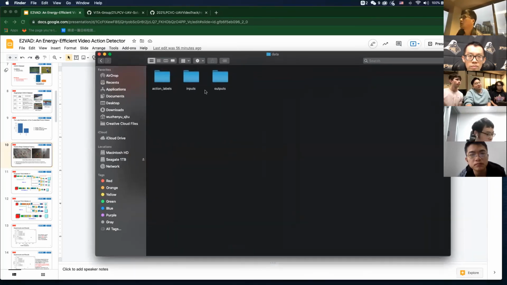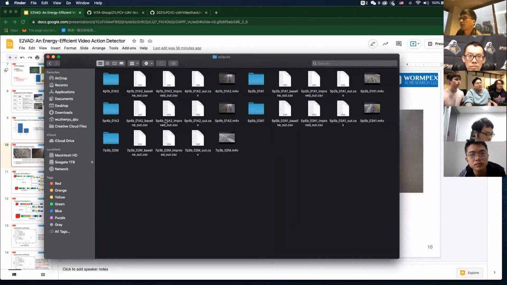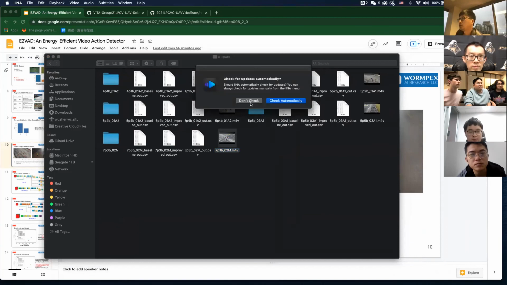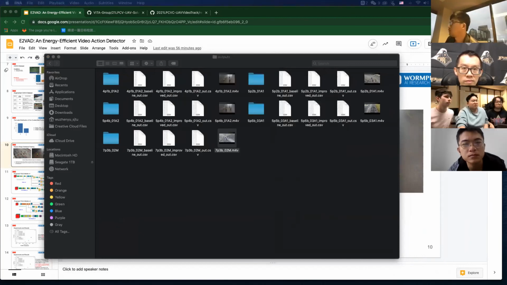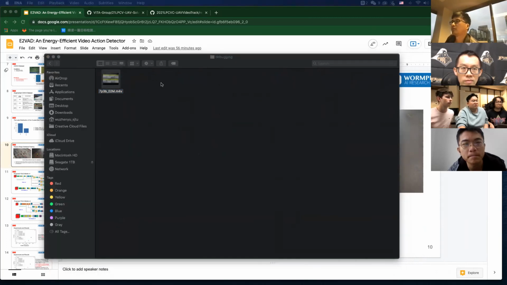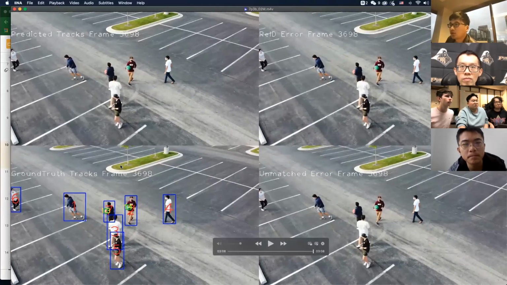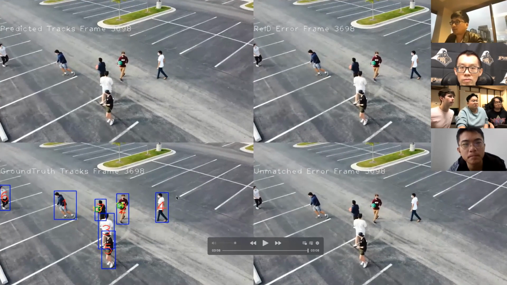Are you able to see my Finder? Yes, we can see it. This is the debugging panel we made.